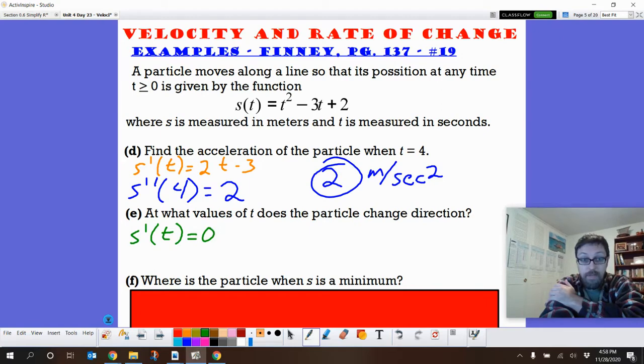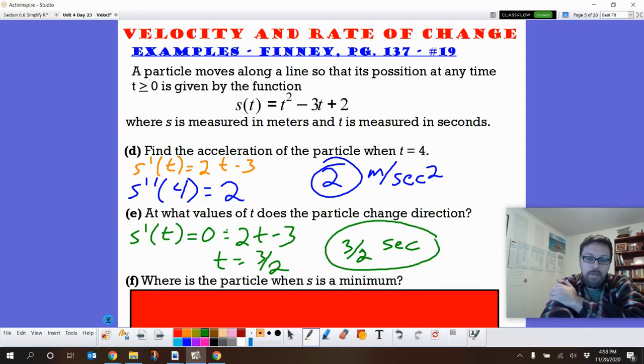Well, s prime of t is 2t minus 3, so that is at t equaling 3 halves. So 3 halves seconds. Done.